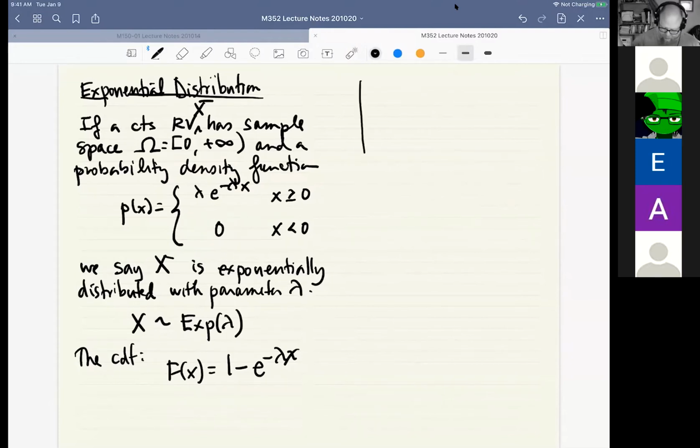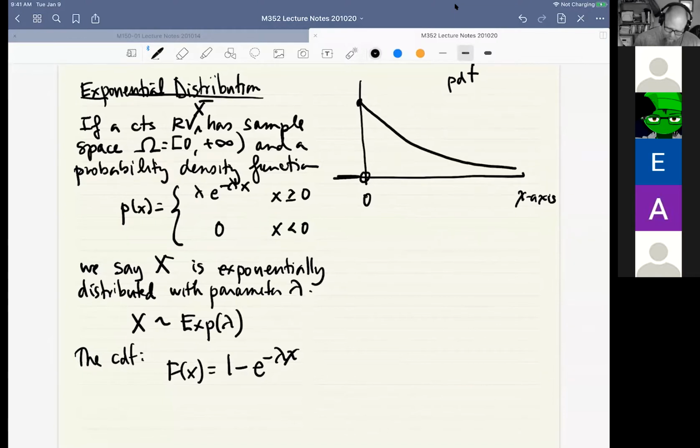But the PDF, it's 0 for negative x. So this is the x-axis, and this is 0. But when x is bigger than 0, the graph looks like this.